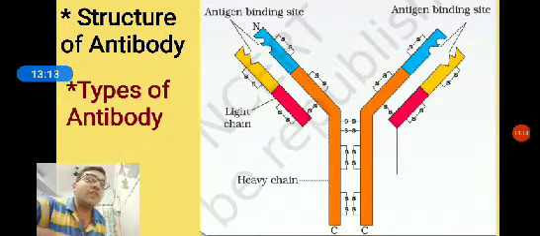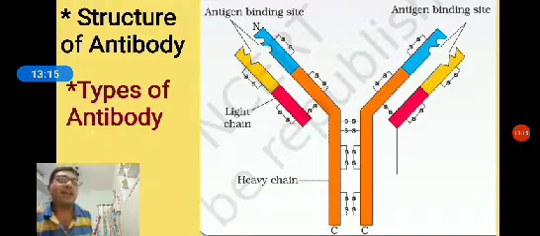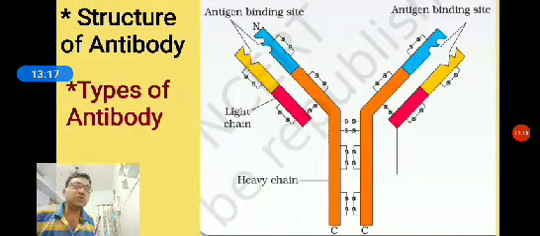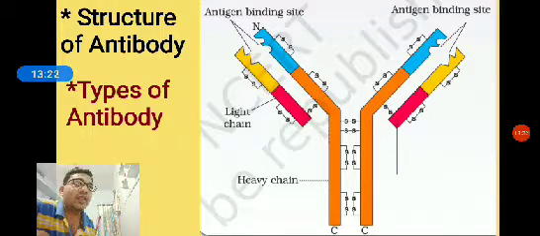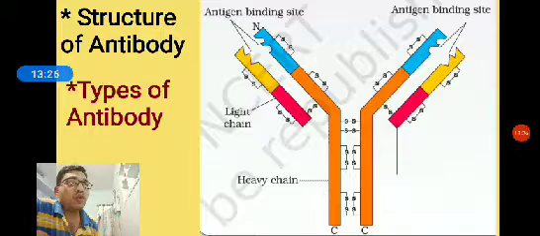Then the antibodies are produced by the immune system in response to the entry of antigen into the body. We know that all antibody molecules are immunoglobulins and chemically they are proteins.